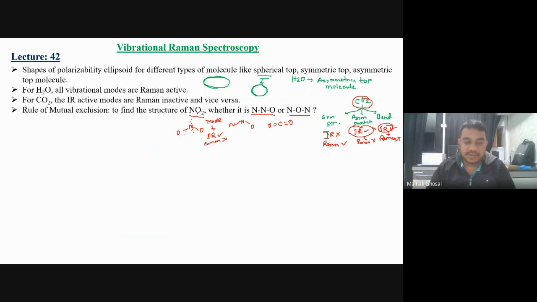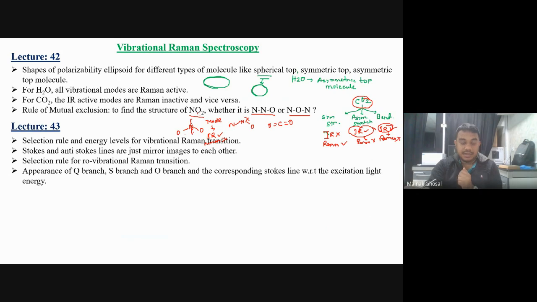So if the structure is like this, there will be a center of symmetry. But if it is this structure, there will be no center of symmetry. So by looking at whether the IR active modes are Raman active or not, you can strictly say whether this molecule has a center of symmetry or not.